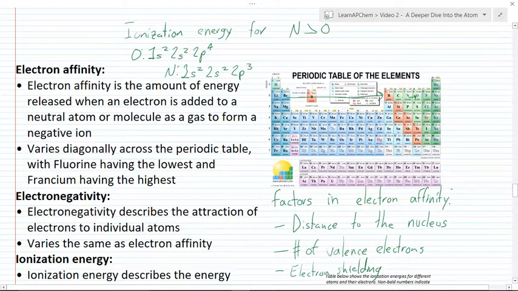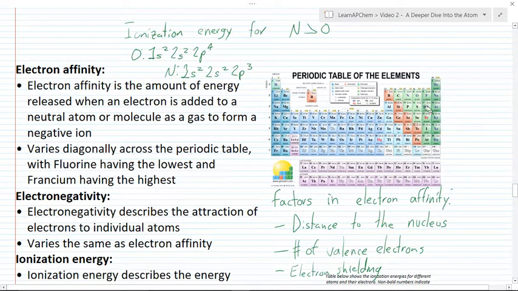Is it because the probabilistic distance of a p subshell is farther from the nucleus than the s subshell, regarding boron and beryllium? Yes, that's absolutely why. So our exceptions are here and here.